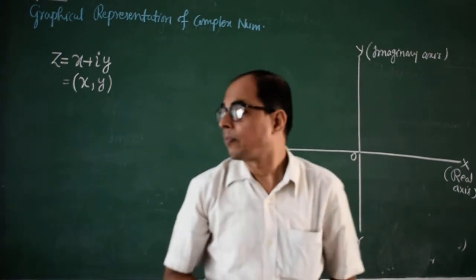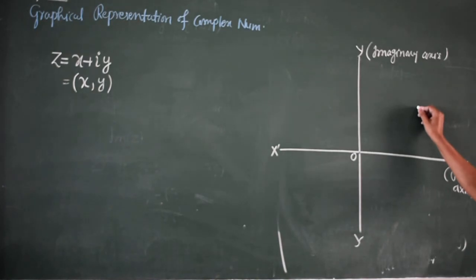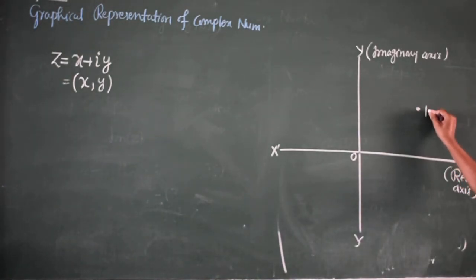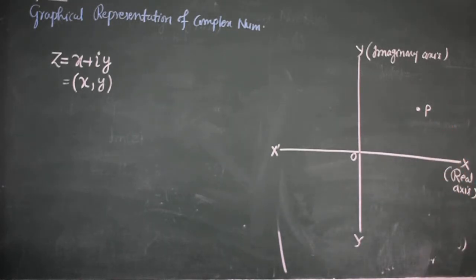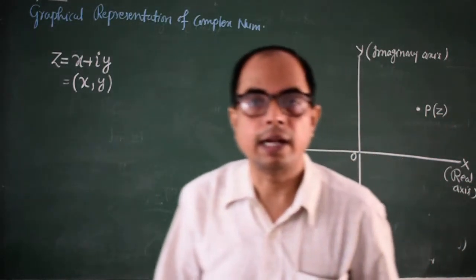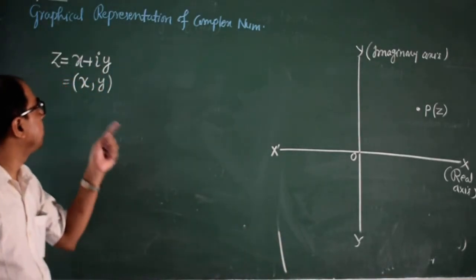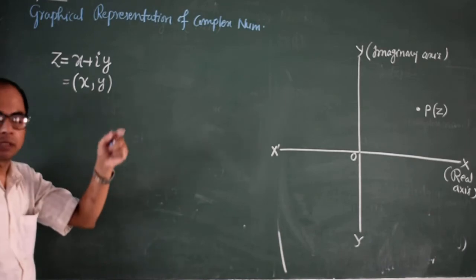So let us suppose that this point has coordinates x comma y. So this point will represent the complex number z. So we can say that a complex number is plotted by a point in the xy plane.